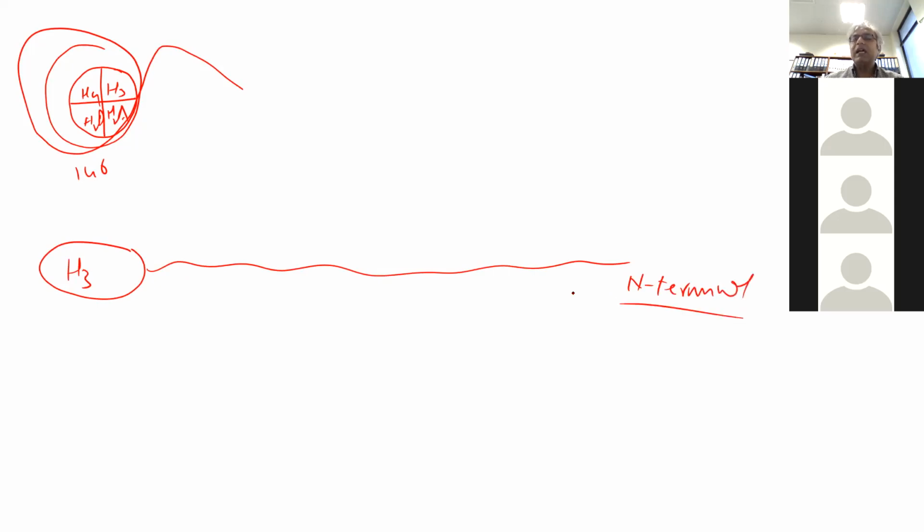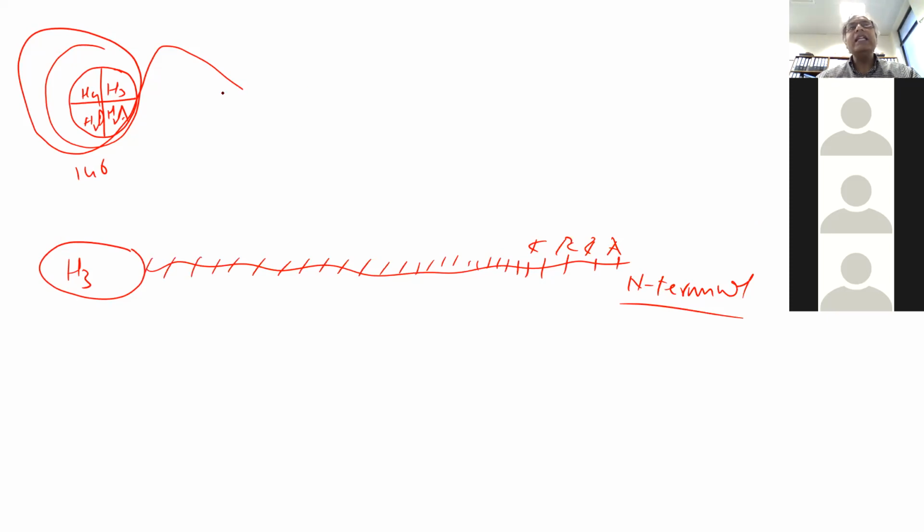All the histones have an unstructured amino-terminal tail. So amino acid 1 of histone H3, let's say here's an alanine, then arginine. I'm just randomly writing arginine, then lysine. So you can keep going like this, with different amino acids.